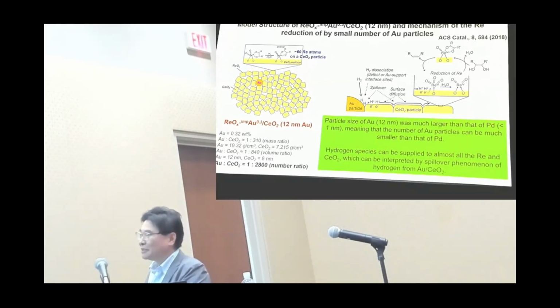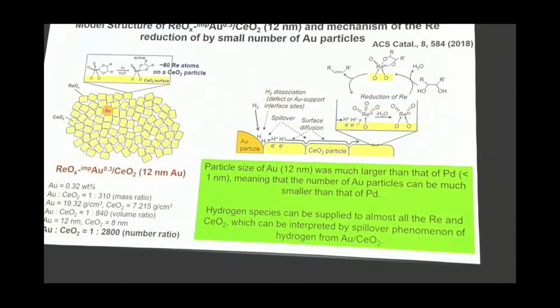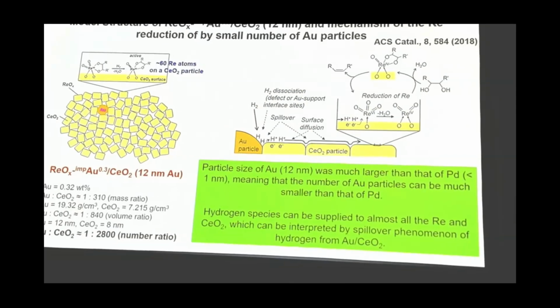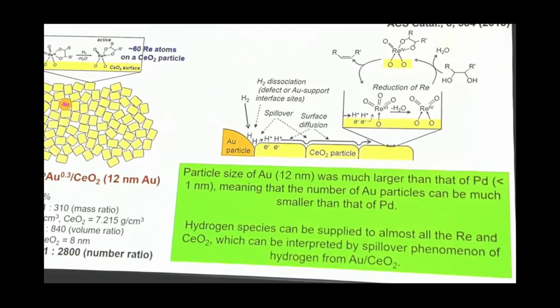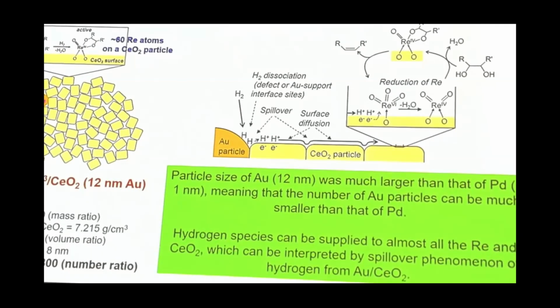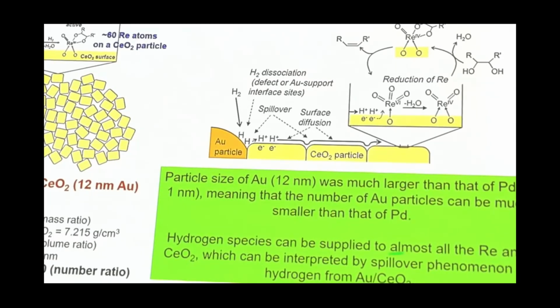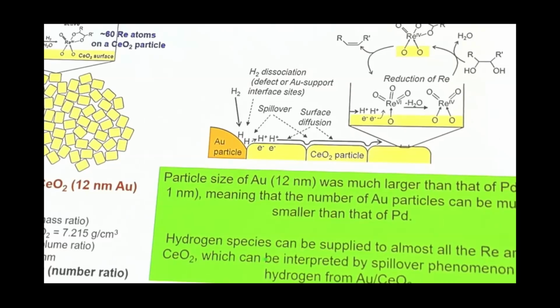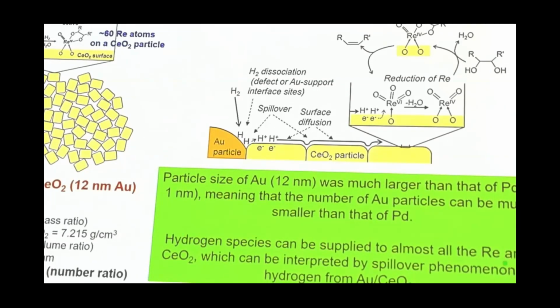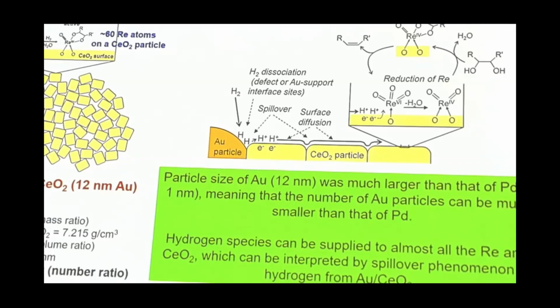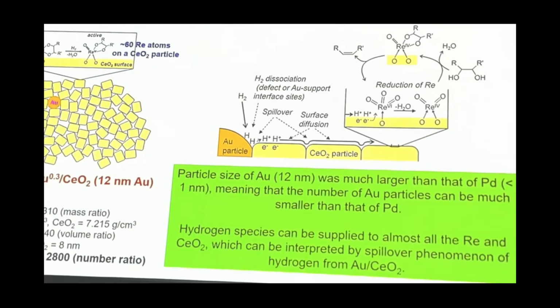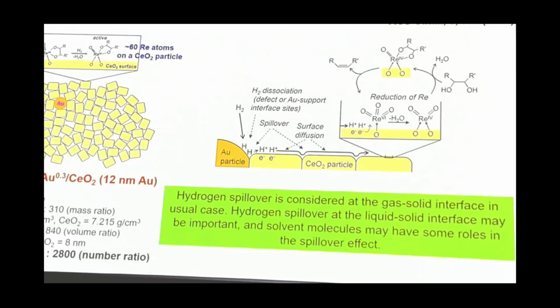The gold particles give hydrogen species to almost all the particles. A large distance can be achieved from limited gold particles. And the hydrogen species can supply almost all the rhenium species on ceria, which can be interpreted by spillover phenomena, hydrogen spillover of the gold ceria catalyst.